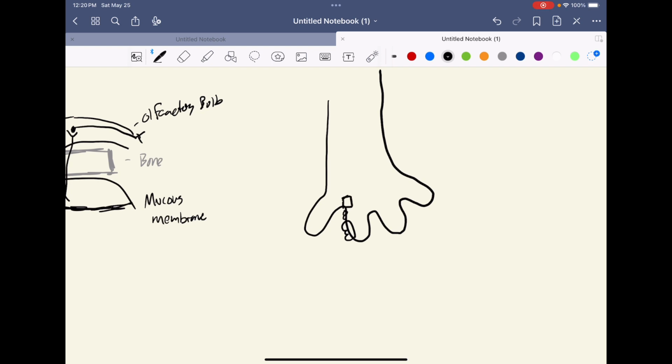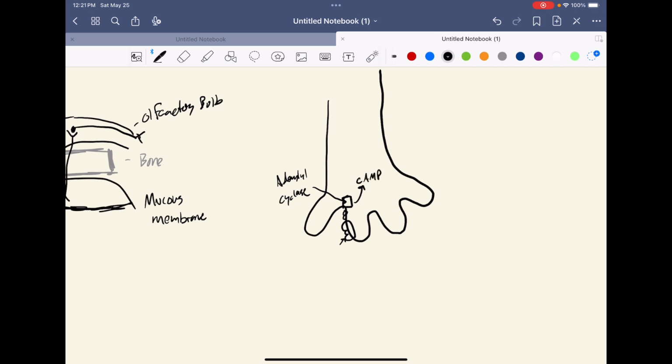This is adenylyl cyclase. And when a scent hits this G protein, adenylyl cyclase is activated and it releases cAMP.